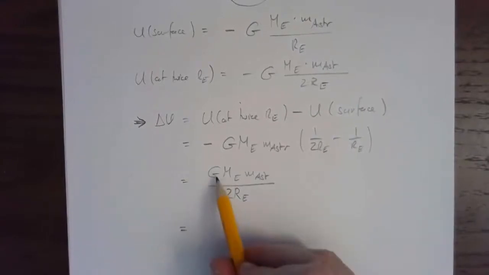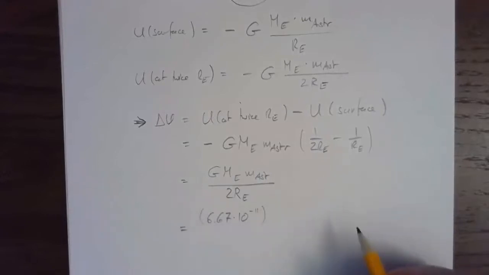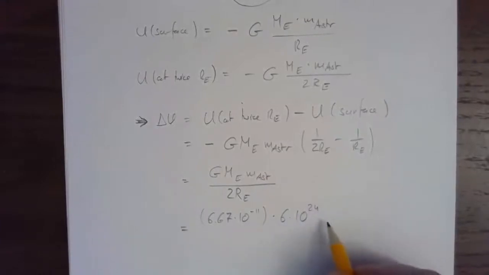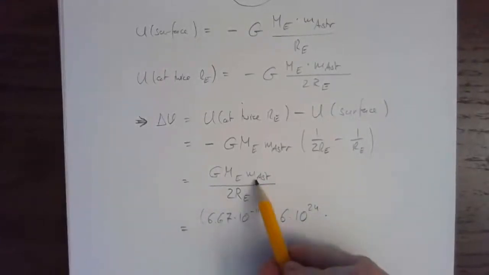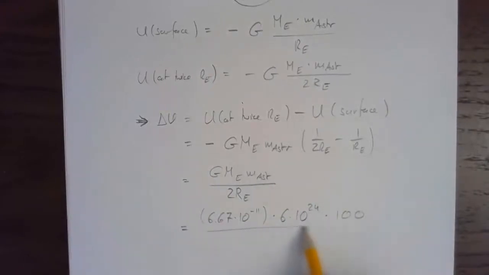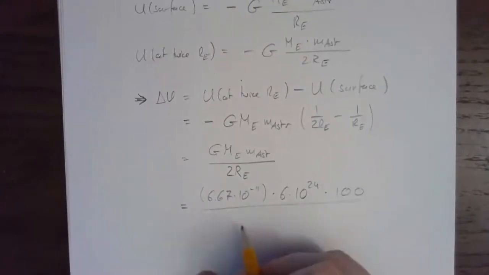Well, G, let's write down the values, is 6.67 times 10 to the minus 11. I'm going to skip the units. You know what the units are. Times the mass of the Earth, 6 times 10 to the 24 kilograms, times 100 kilograms, divided by, well, the radius of the Earth is 6,400 kilometers, or 6,400,000 meters.